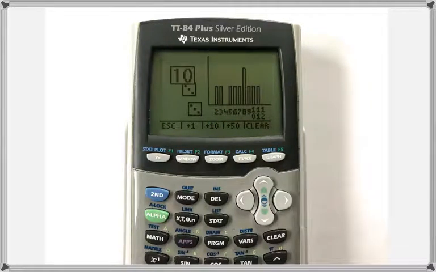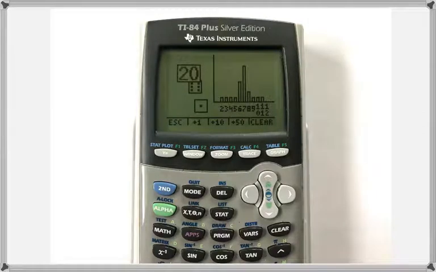So I'm going to roll 2 dice 10 times, and then this graphs the results. Notice it has not rolled a 4 or a 12. Now I'm going to roll 2 dice 10 more times for a total of 20, and this is what the graph looks like now.